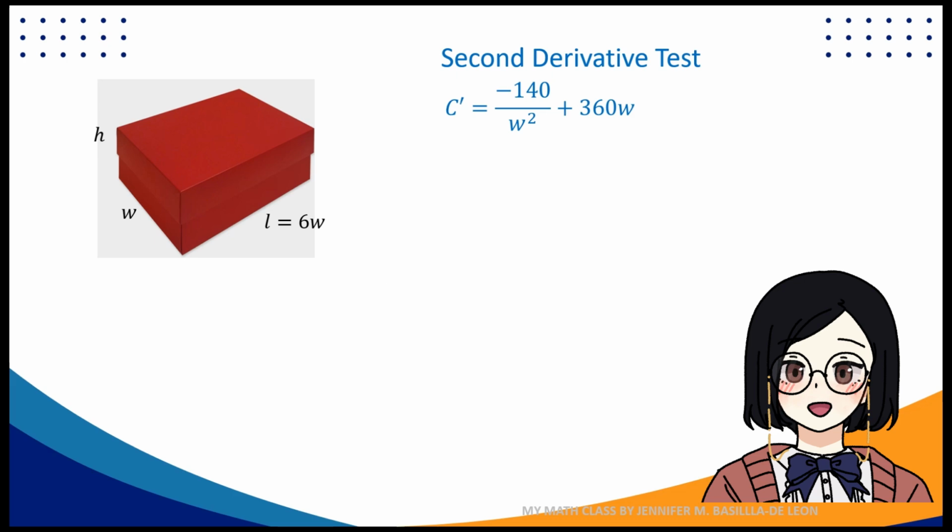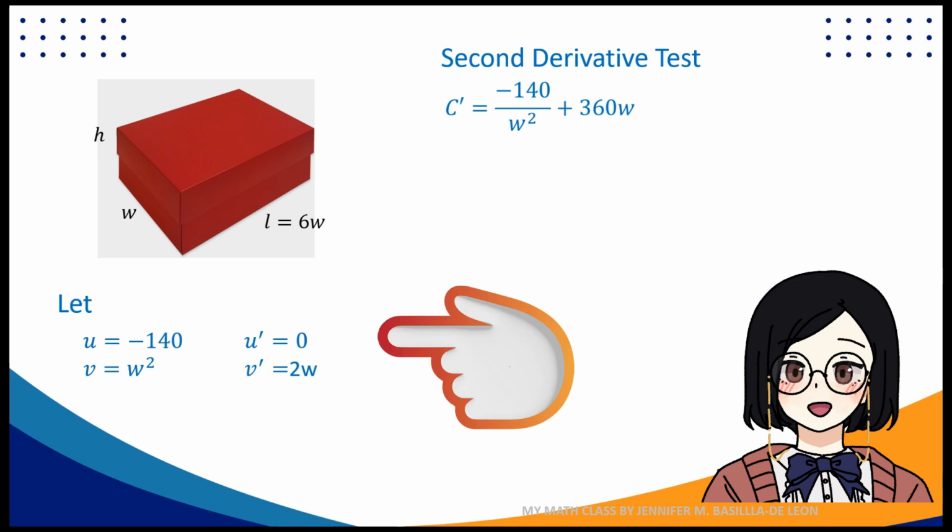To do this, we get the derivative of the first derivative of the function. To get the derivative of the first term, negative 140 over W squared, we let U equals negative 140 and V equals W squared. The derivative of U is 0, while the derivative of V is 2W.